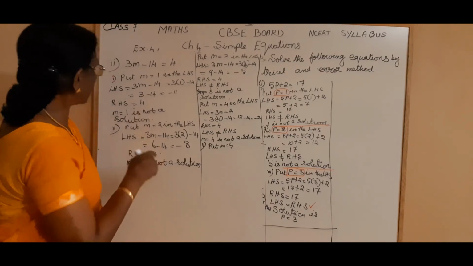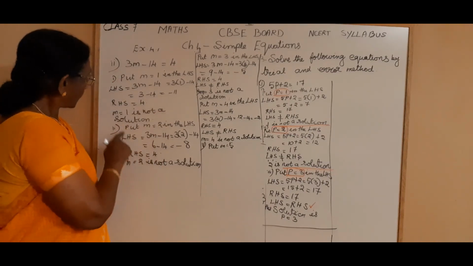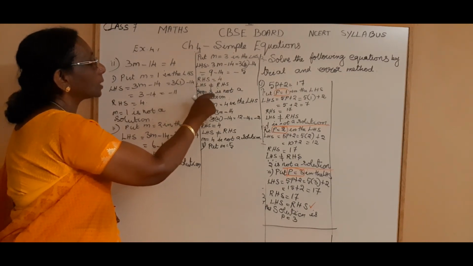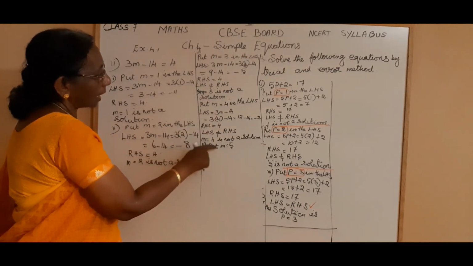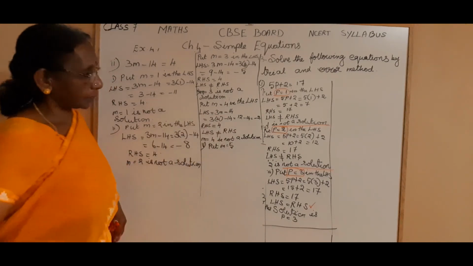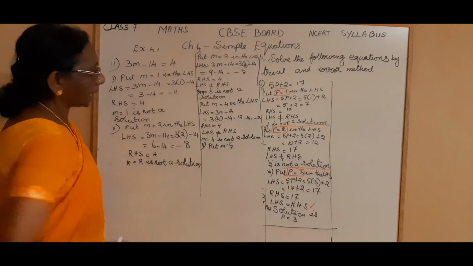Sorry children, here also m is equal to 1, here also m is equal to 2, here also m is equal to 3, and here m is equal to 4. I have written it wrongly as p.